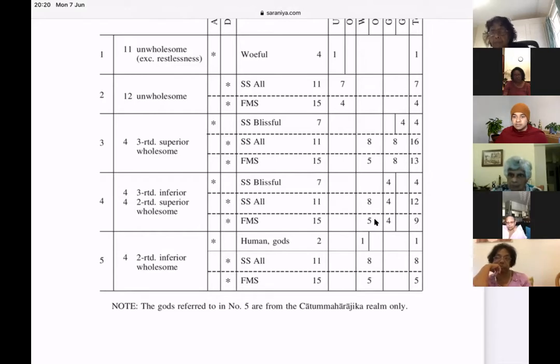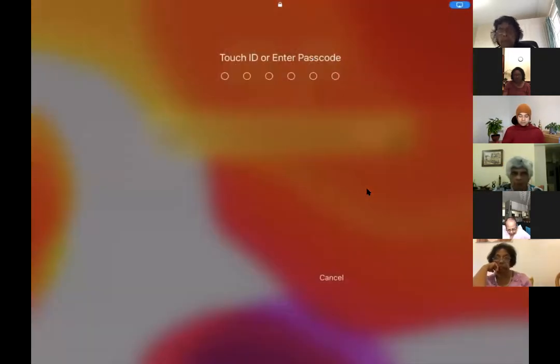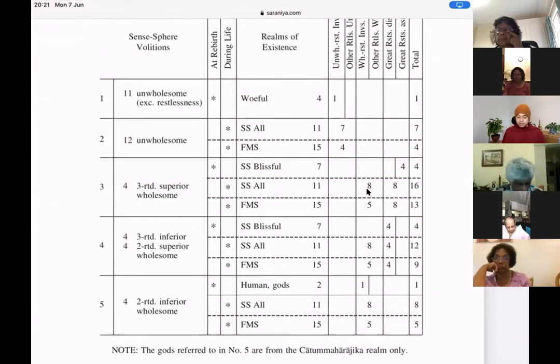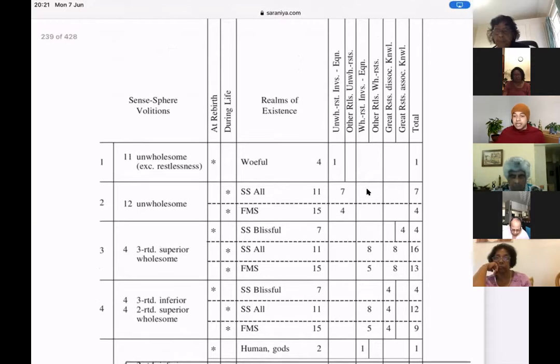Just 5? Yes. It's the same in my book too. Let's go to 3, FMS, fine material sphere, 15, 5, 8, total 13. No, tell me the number that you have. We have only 5. On the third, we have 15, we have 5, and nothing more. So the total is 5. Same for me.